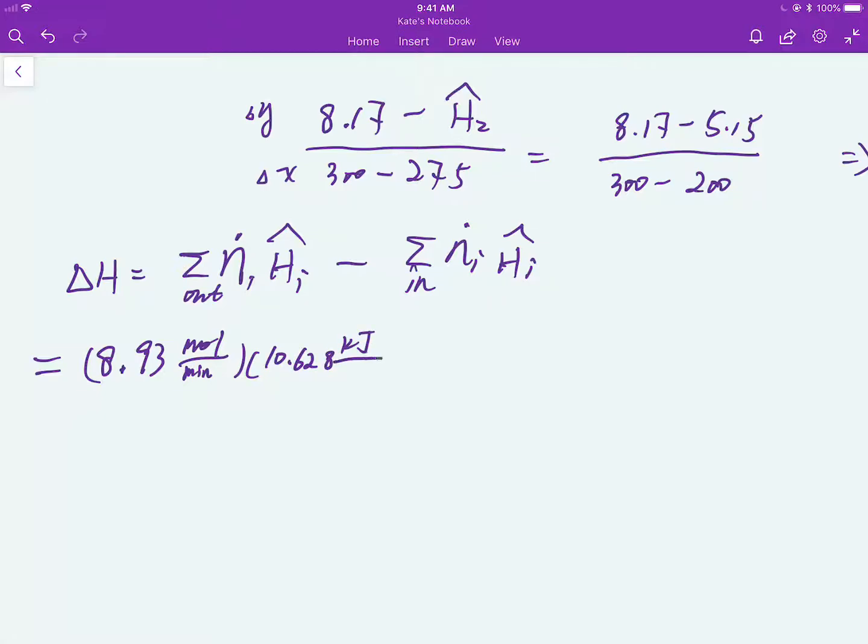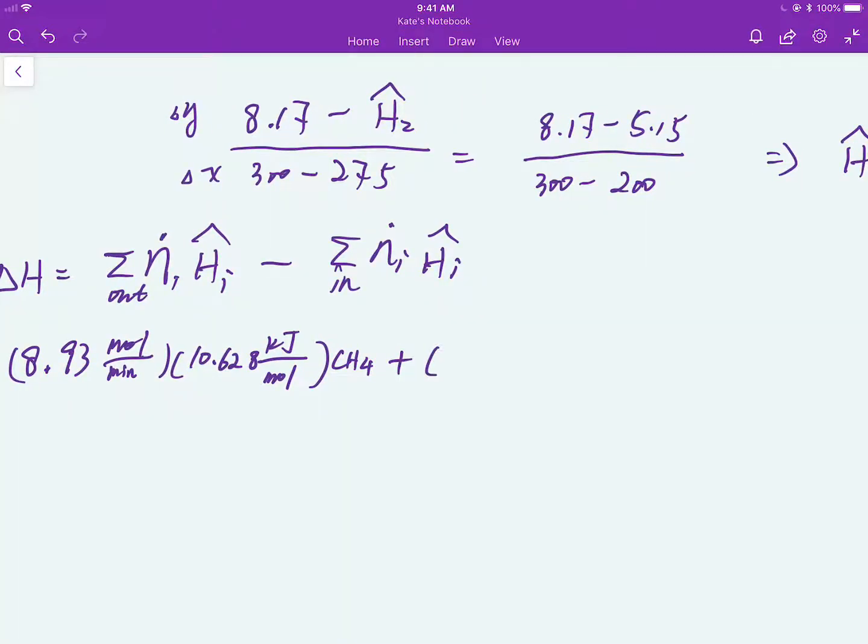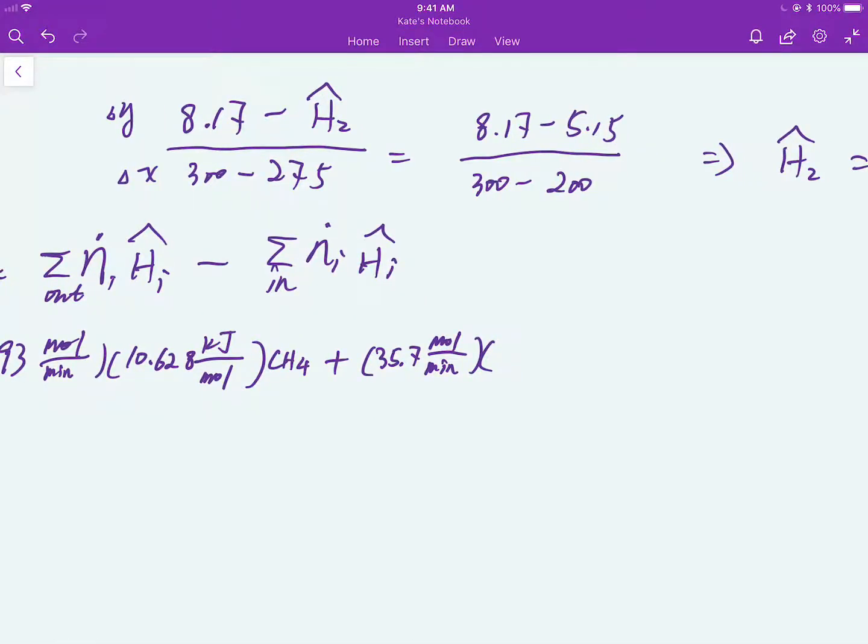We just calculated that using the integral of heat capacity. That is methane. And we have to add the air in the inlet stream. For the air, we have 35.7 mole per minute. Again, we have found that, times the specific enthalpy. We had just found that as well.